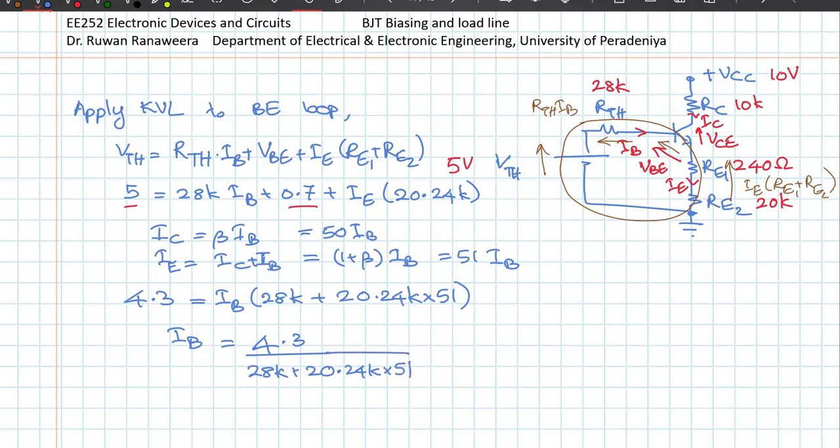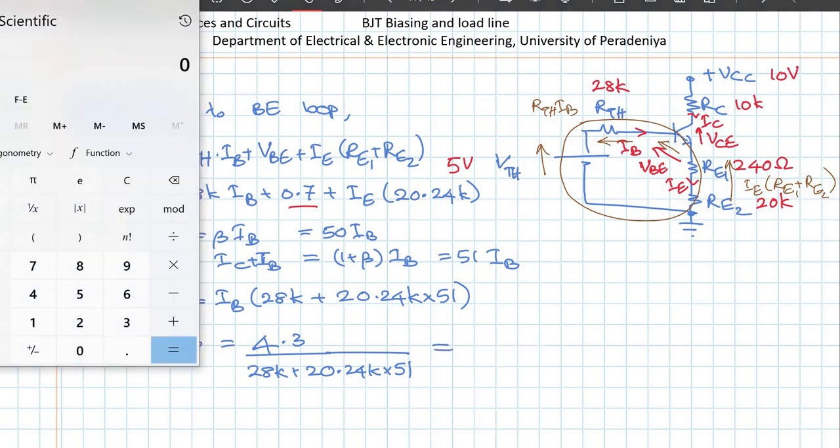Now if you want to find the exact value of this expression, you will see that this value is equal to 1 over (20.24 times 51 plus 28), times 4.3.